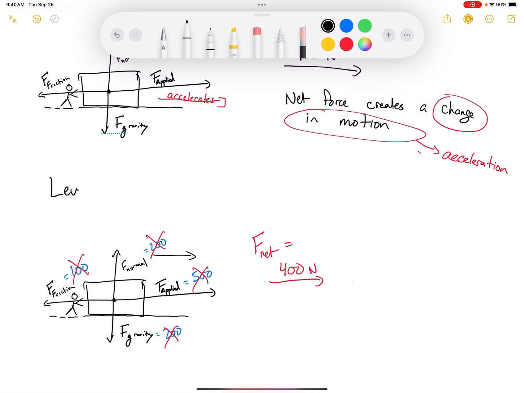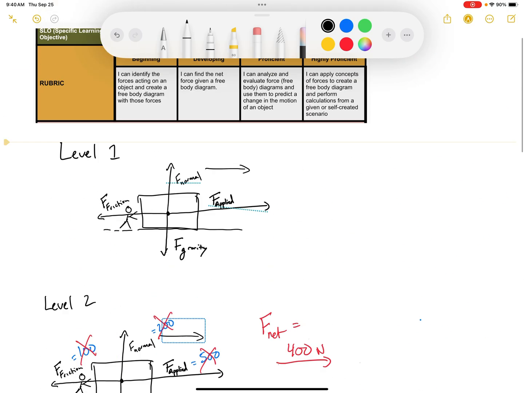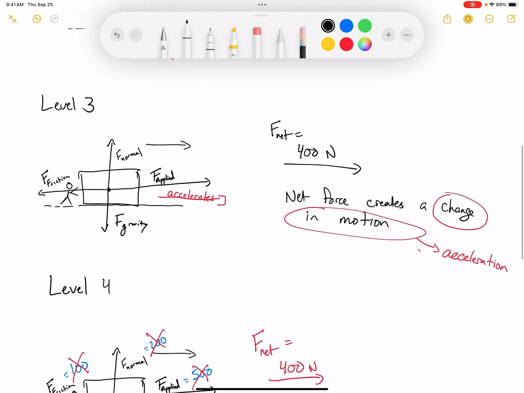Level 4 is going to take our understanding of free body diagrams, and I'm going to add what we understand about Newton's laws. If I go back up to my rubric, you can see it says I can apply concepts to create a free body diagram and perform calculations. This is the big deal right here. We're going to perform calculations from a given or self-created scenario.